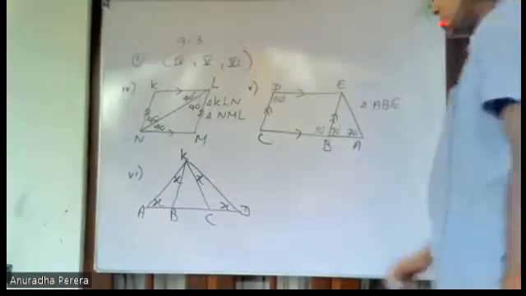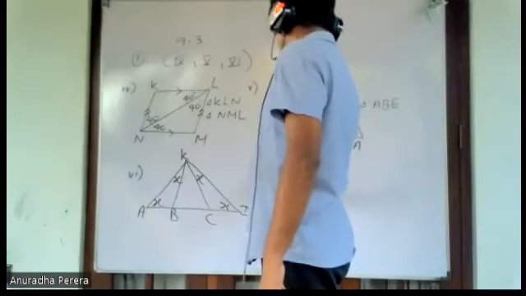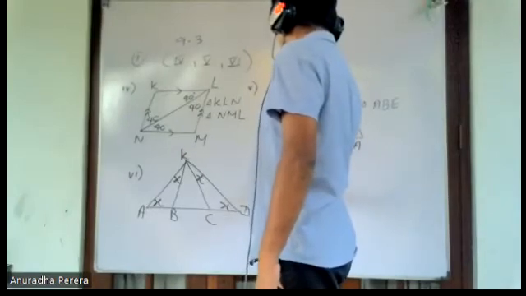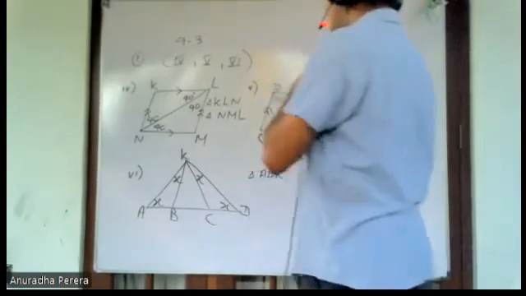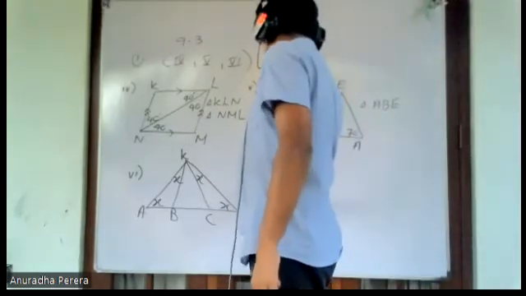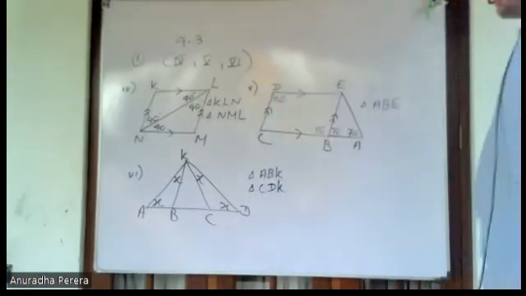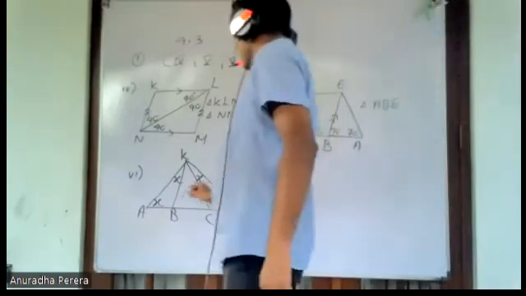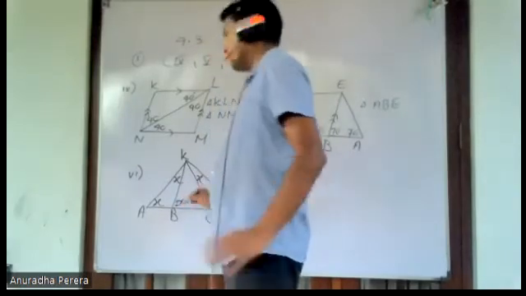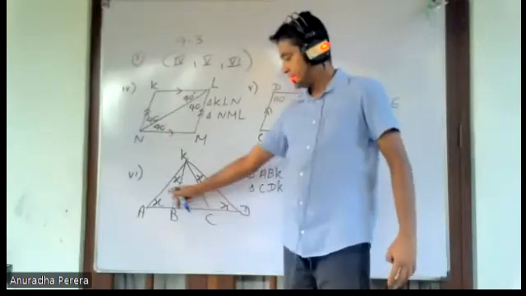And this is 2x. What is this theorem? When producing a side, the exterior angle is equal to the sum of the interior opposite angles.